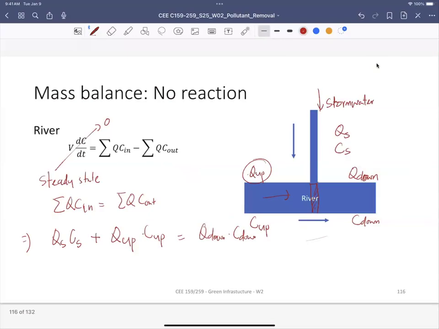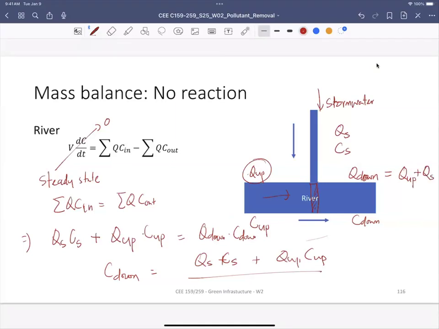Most of the time you are solving for C down. So C down is going to be equal to QS CS plus Q up C up, divided by Q down. And Q down, how can you predict that? Basically, two pipes mixed together, so the water is the same water. You can assume Q down is Q up plus QS.